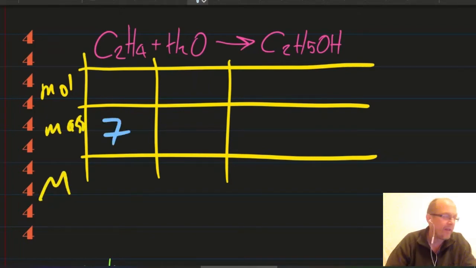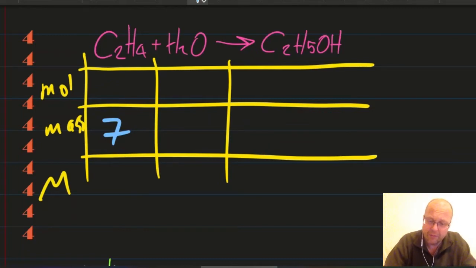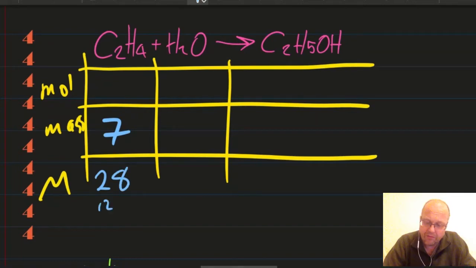And there's a 7 in there, 7 grams of ethene. So I want to work out the moles, but ultimately I want to work out this. But to get there, I'm going to have to work out the moles of ethene. So the molar mass of ethene is 28. It's 12 and 12 from the 2 carbons, and then 4 from the 4 hydrogens.